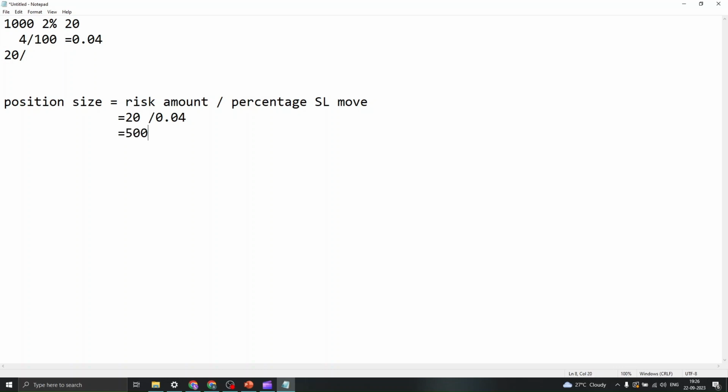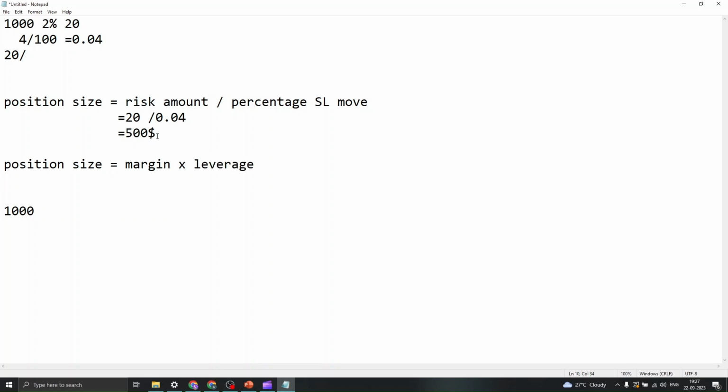So this is my position size on the basis of my risk. Now we have a portfolio of $1,000, and to enter this trade we have to take a position size of $500. Now, like I explained earlier, position size is basically the margin you are about to trade multiplied by your leverage.